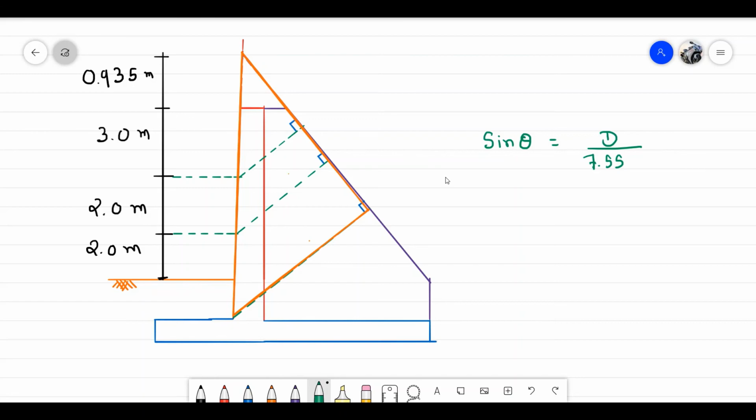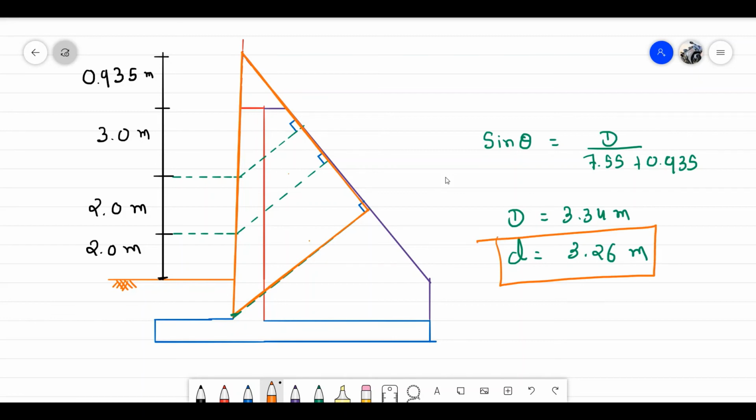This side is 7.55 plus 0.935. So here capital D is 3.34 meter. So that's why small d is 3.26 meter.